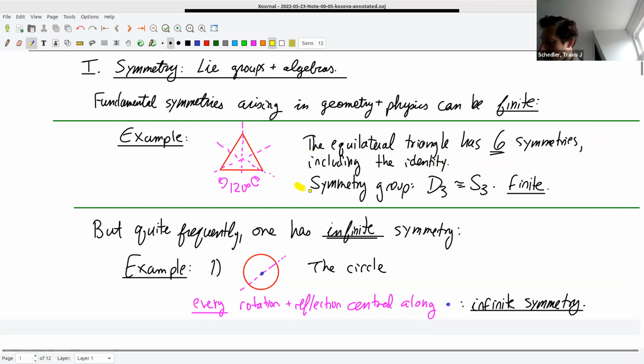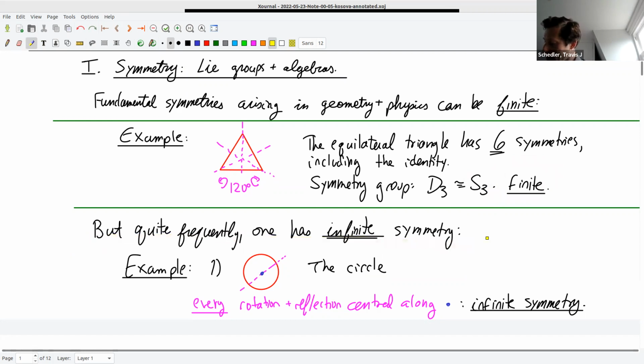includes the identity. The symmetry group of those 6 elements is the dihedral group of size 6, or you could also view this as the permutation group on 3 elements. So for example, permuting the 3 vertices in an arbitrary way by rotating or reflecting. Okay, so this is a symmetry group of size 6. It's a finite symmetry group in particular. Okay, but quite frequently one has infinite symmetries.